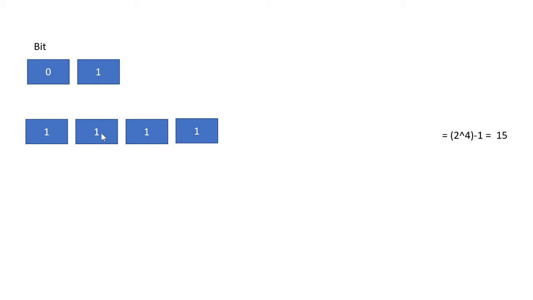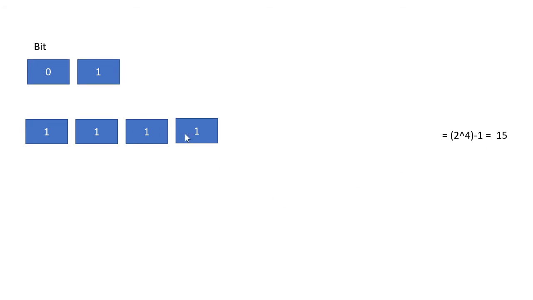So basically 1 1 1 1, and this is the binary value, and it turns out to be decimal value 15. And we can see a pattern here. We will see that this number is 2 raised to the number of bits, minus 1, which is 15.